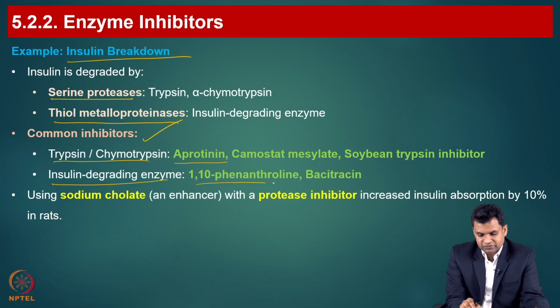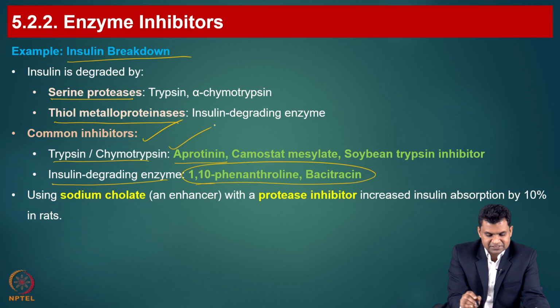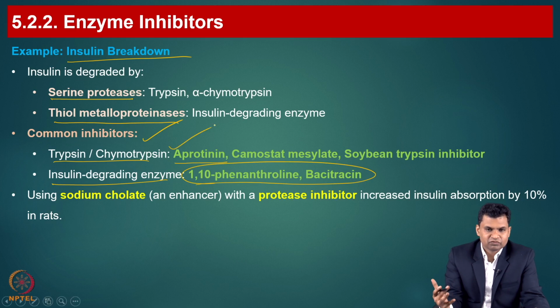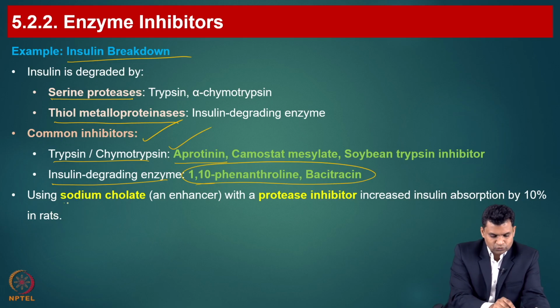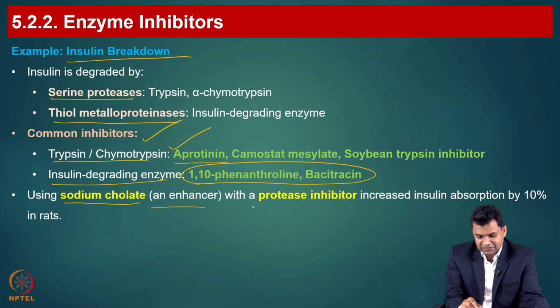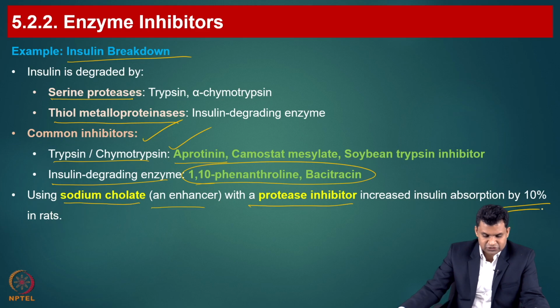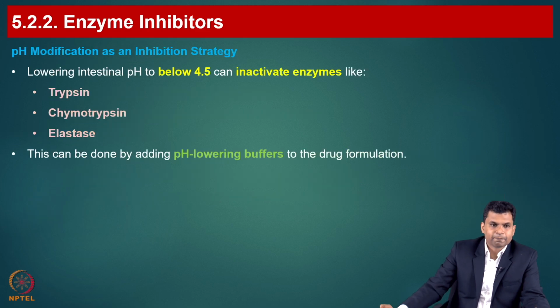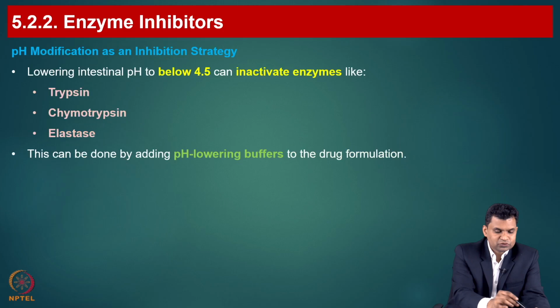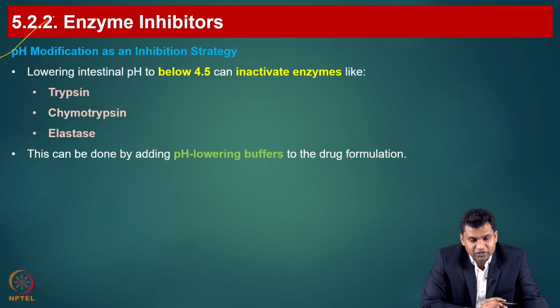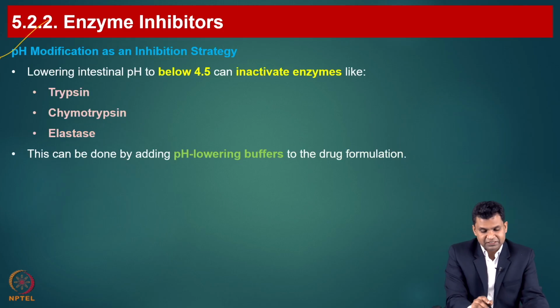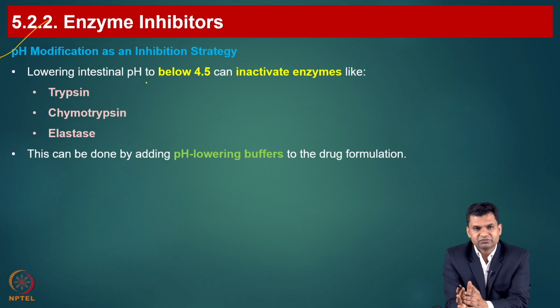We can use these as inhibitors, mix them with your formulation, or conjugate them. Even sodium cholate works as an enhancer and also as a protease inhibitor, which improved absorption of the insulin by 10% in rats. Here you can also see one more strategy: directly modifying the pH will definitely stop the functions of the enzymes.